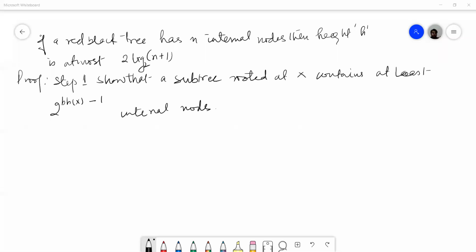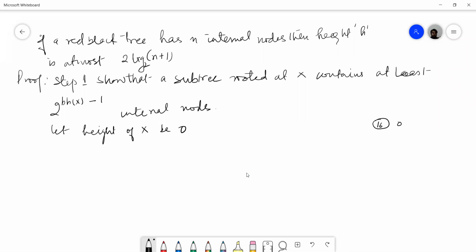Okay. So now suppose height of x is 0. So when will height of x be 0? When x is the only node. When x is the only node, its height is 0. Okay. So how many internal nodes does this subtree contain?